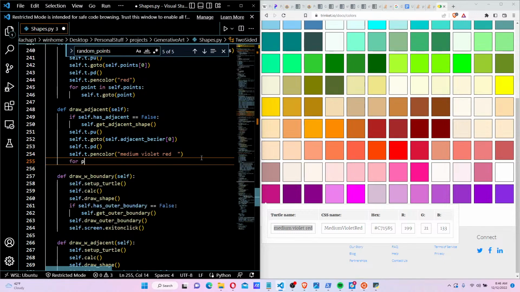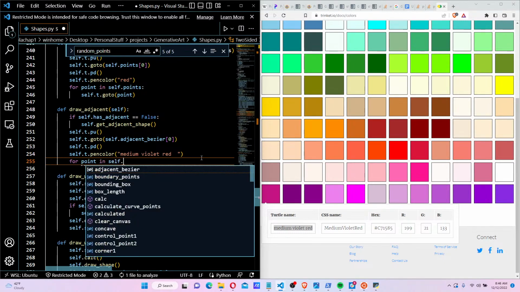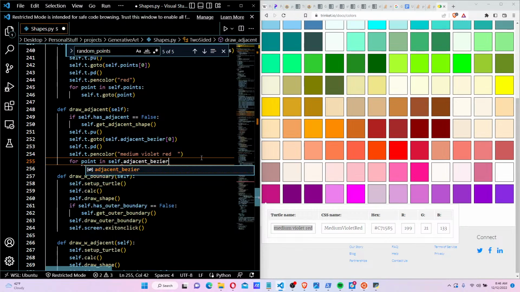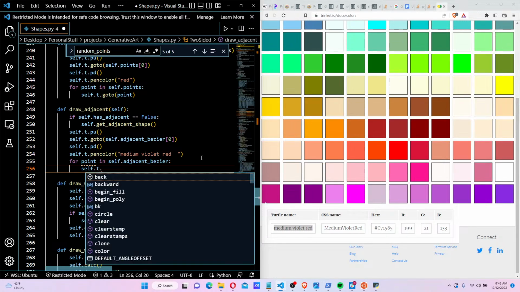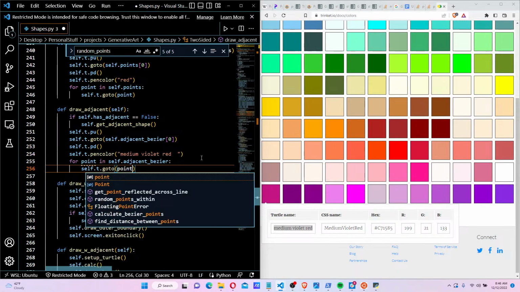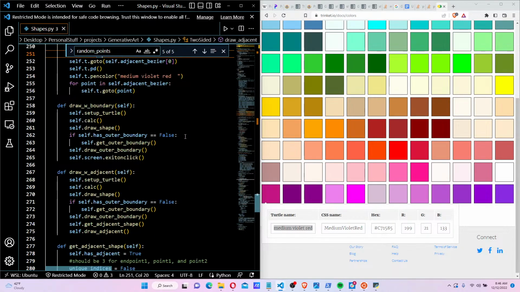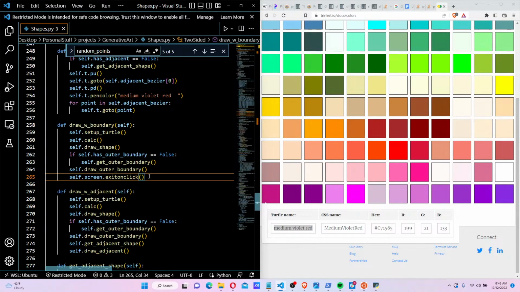Now for point in self.adjacent Bezier, self.t.go point. Draw with boundary, draw with adjacent, so turtle, draw adjacent, draw outer boundary, get adjacent shape, draw adjacent, and then add to the end, exit the screen.